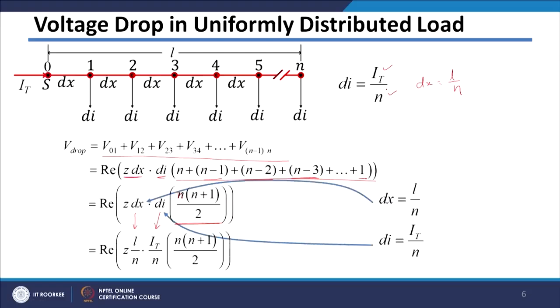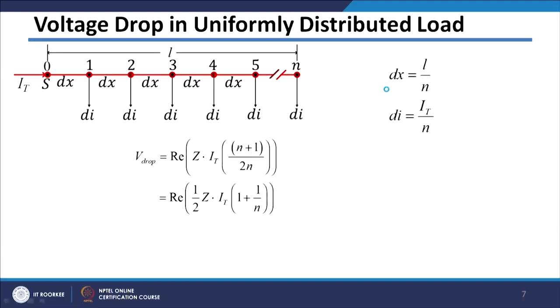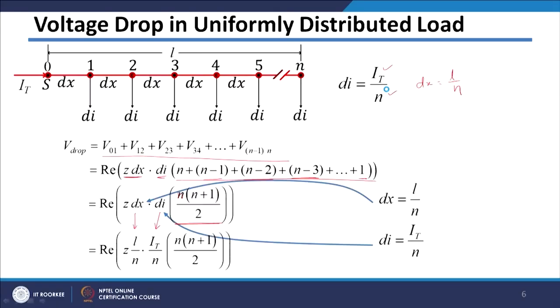So, therefore, in this case this becomes equal to the total impedance of the feeder. So, Z multiplied by small l, Z multiplied by L, this length. So, the per unit length impedance multiplied by length will give me the total impedance Z, and then this N and this N will get cancelled out.